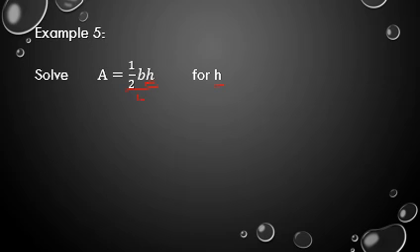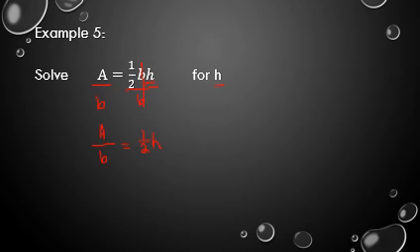So let's go ahead and divide by B on both sides. The B's will cancel out, and that gives me A divided by B equals 1/2 times H.